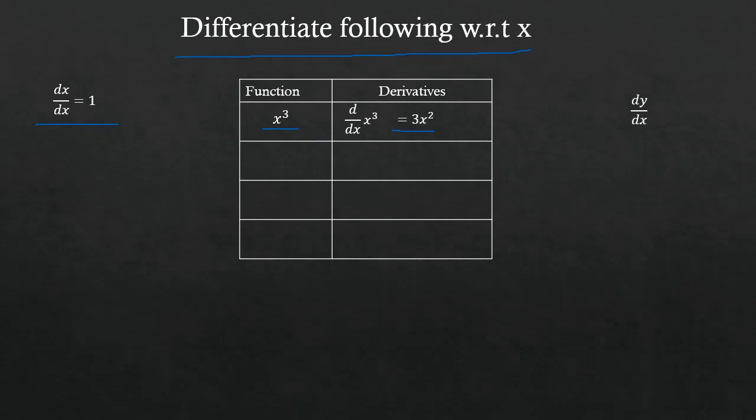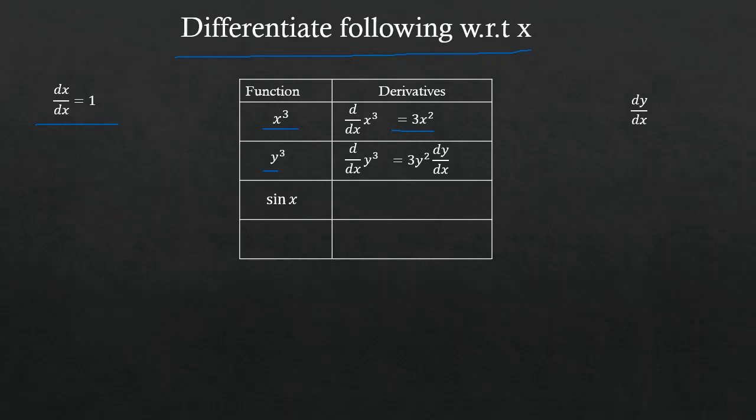But the derivative of x is 1, so it isn't necessary to write it. But if instead of x cube we have y cube and we differentiate with respect to x, then the derivative of y cube with respect to x is 3y square multiplied by dy by dx, because the value of dy by dx is not 1, so you have to write it. That is very important.